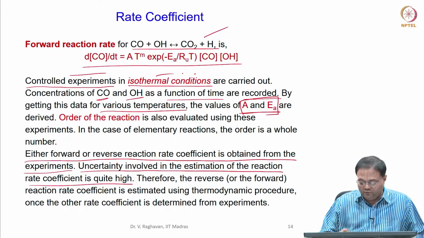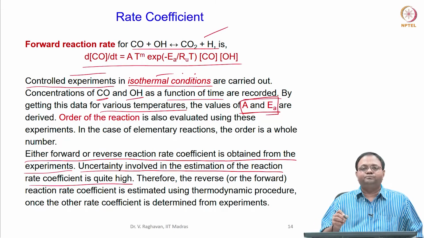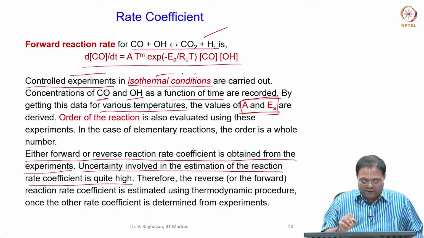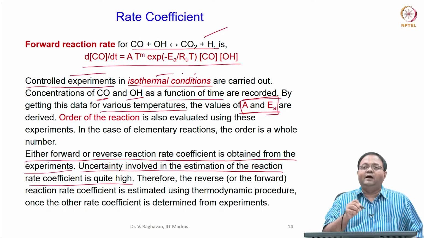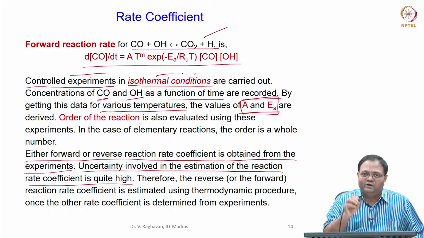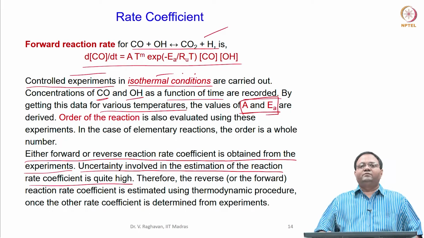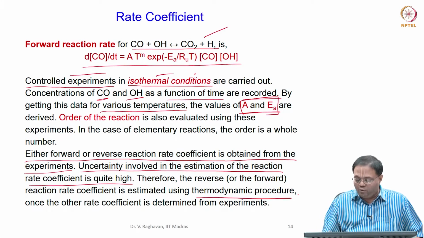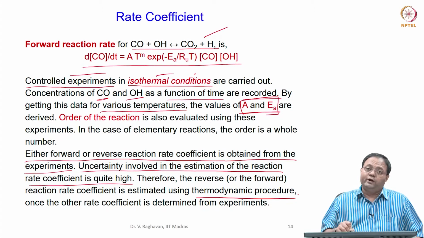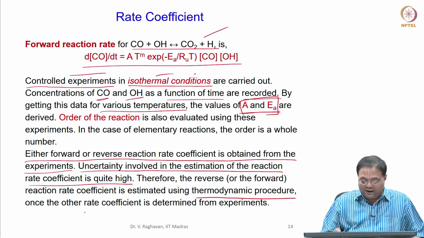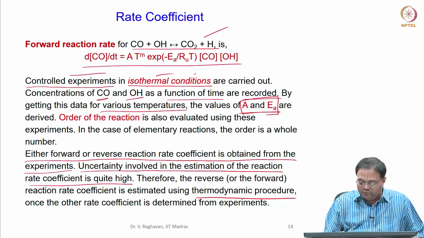So, what I will do is find either the forward or reverse reaction rate, and I will determine the other. If I have measured the forward reaction rate, I will determine the reverse reaction rate using the thermodynamic procedure, which is much more accurate. So, what is the procedure, we will see now.